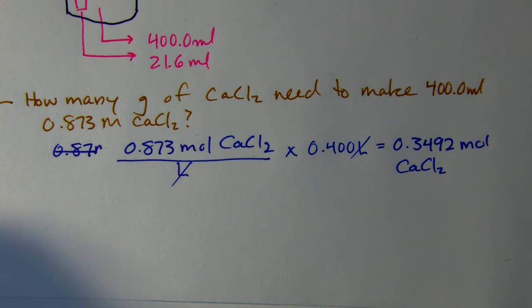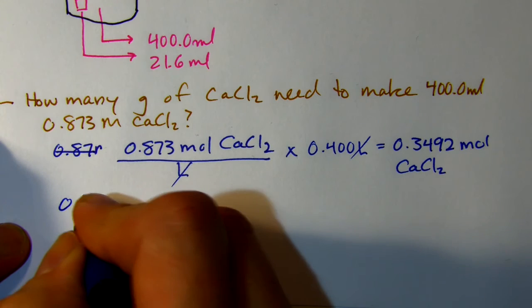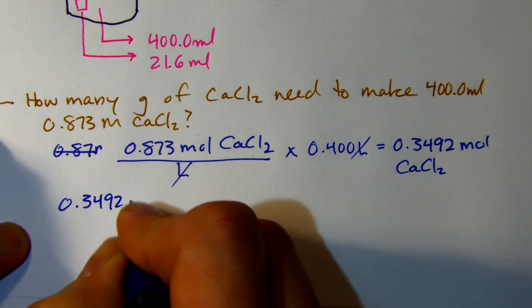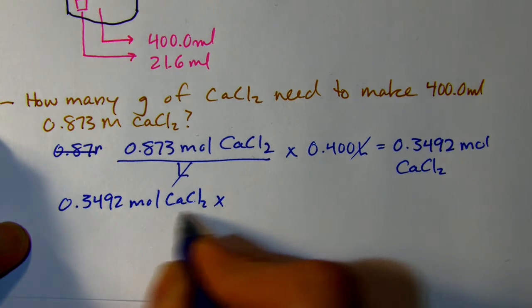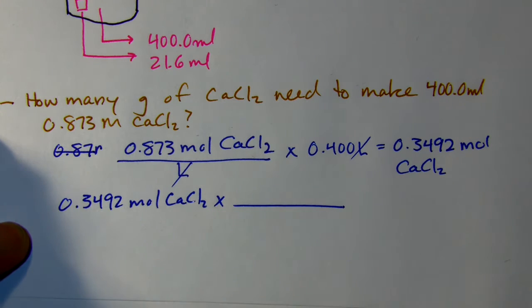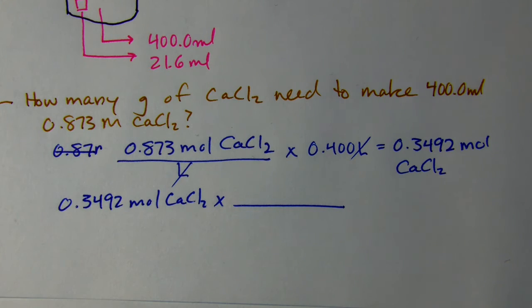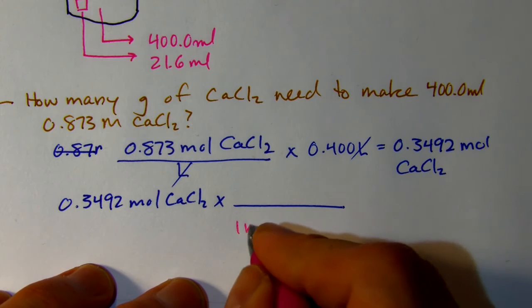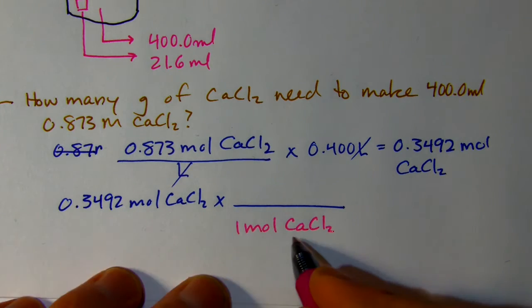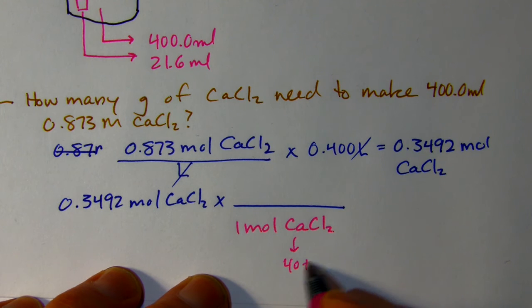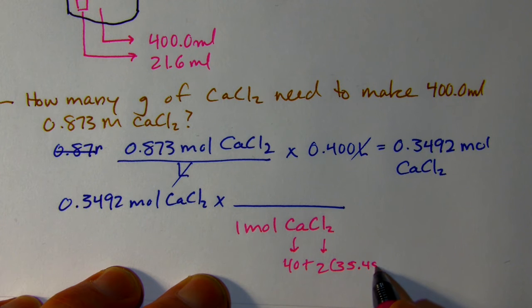The next step isn't that hard. Now we take 0.3492. That's the moles of calcium chloride. This is why you keep units, because you have to know what you're doing here. We're going to multiply by 110.9 grams per 1 mole of calcium chloride. If I add that up, that's 40 plus 2 of these, 35.45.